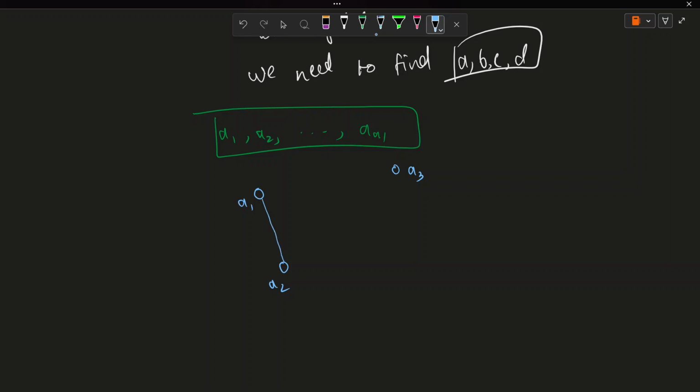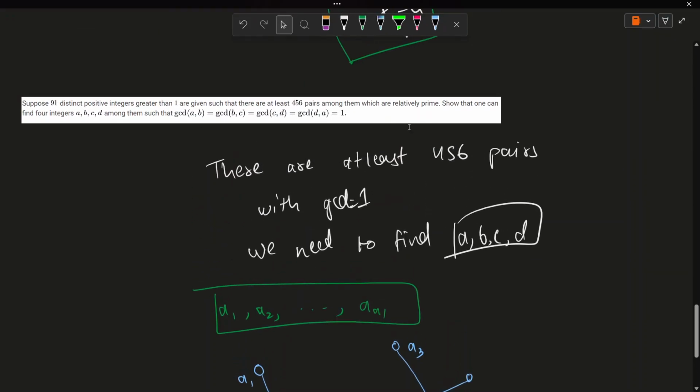So there are a total of 91 points, and we know that 456 pairs are co-prime by the problem statement.